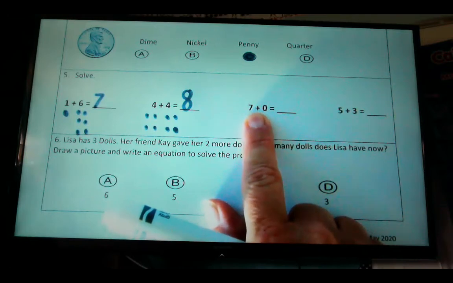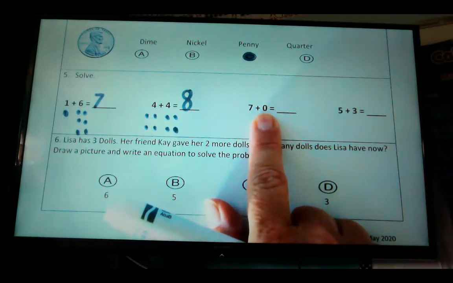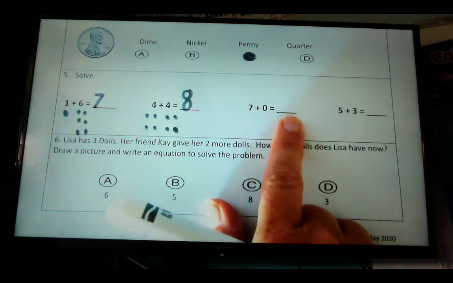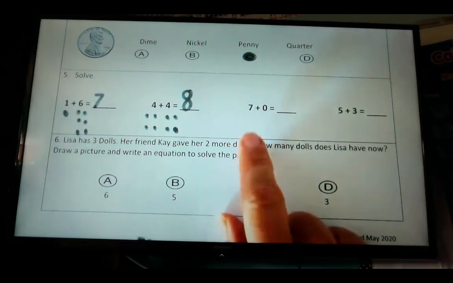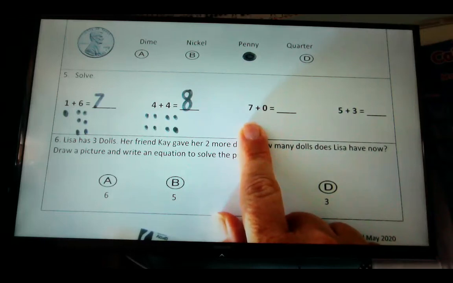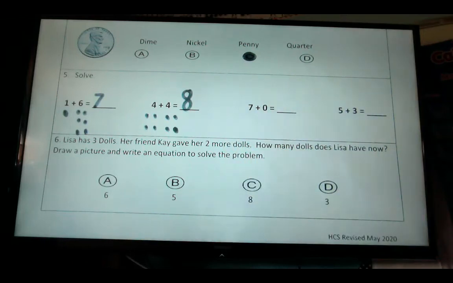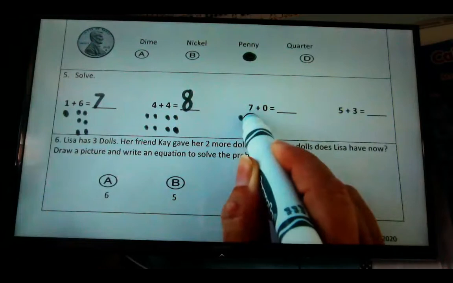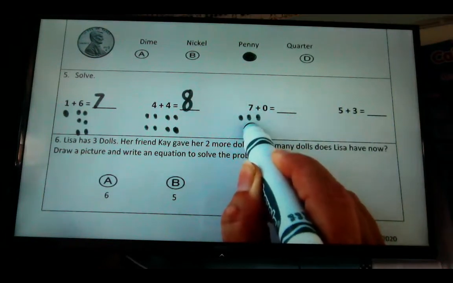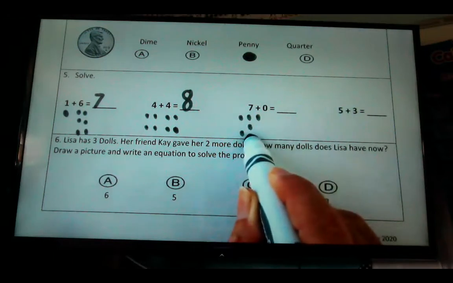7 plus 0 equals blank. I'm going to draw dots to help me solve this problem. If you already know the answer, you should check your work. Here we go. The first number is 7, so I'm going to draw 7 dots. Help me count. 1, 2, 3, 4, 5, 6, 7.